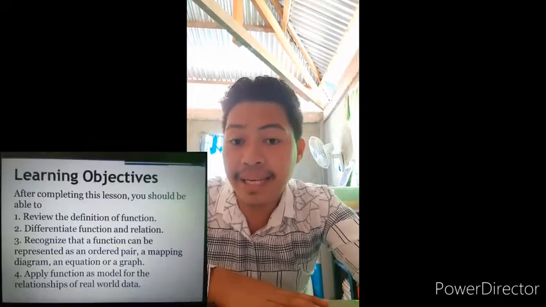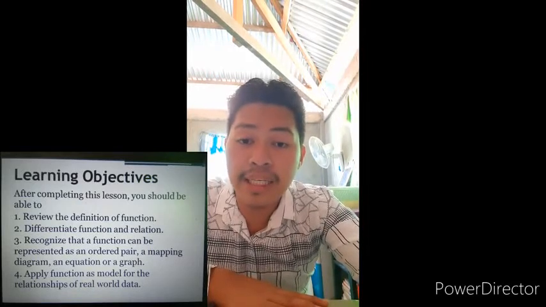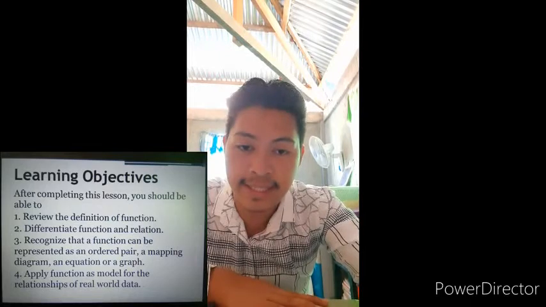Since most mathematical models are functions, let us refresh our background ideas about functions, and later on we will use functions as models. So let's start our discussion with the definition of functions.